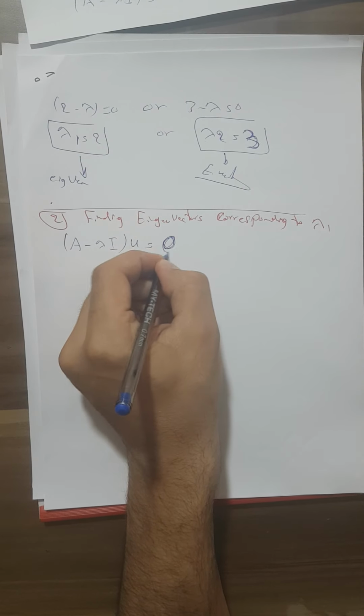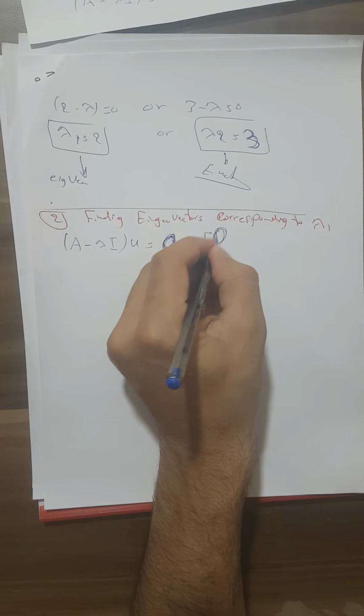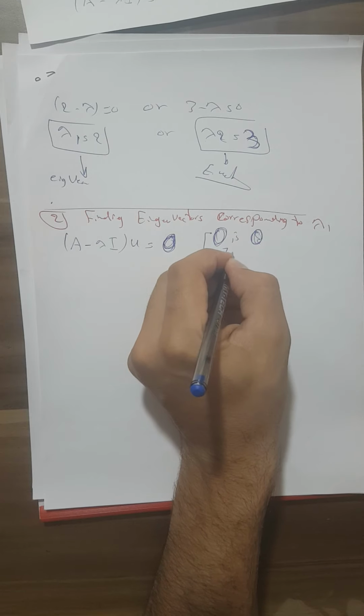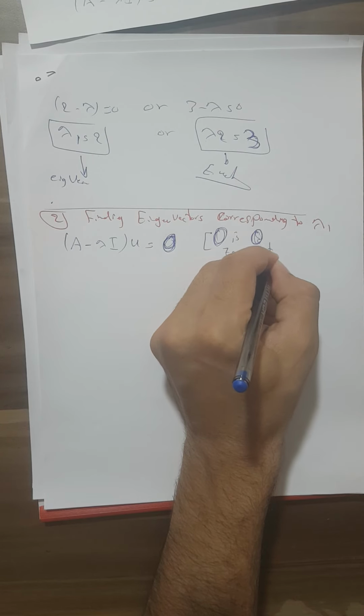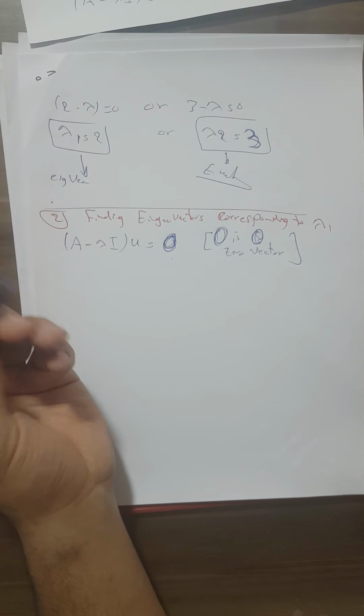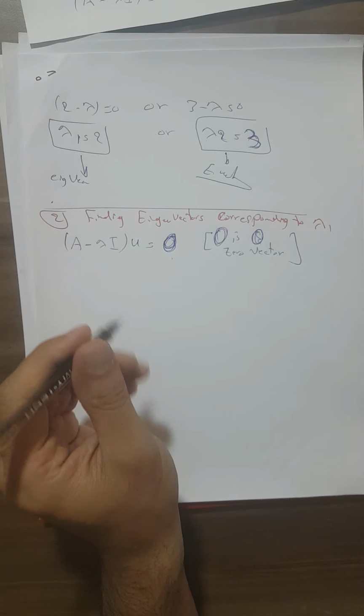Our work is to find the u. So how do we find the u? And this 0 is the 0 vector. The 0 is not a scalar number like the 0 that we saw before.